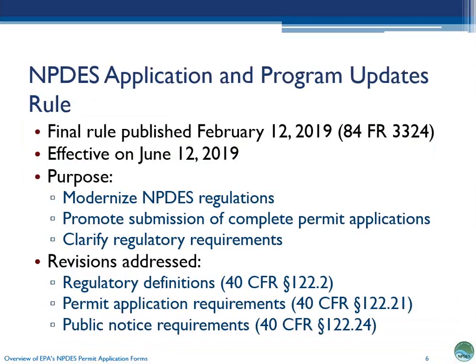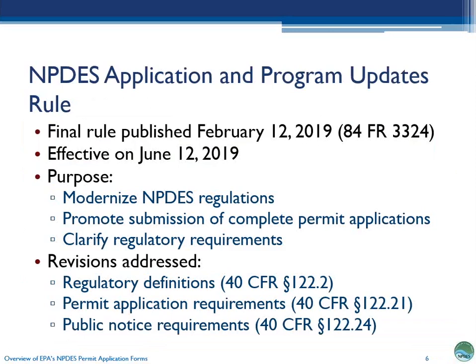In February 2019, EPA published the NPDES Application and Program Updates Rule. This rule became effective just a few months ago in June 2019. The purpose of the rule was to modernize the NPDES regulations, promote submission of complete permit applications, and clarify certain regulatory requirements to allow more timely development of NPDES permits that protect human health and the environment.